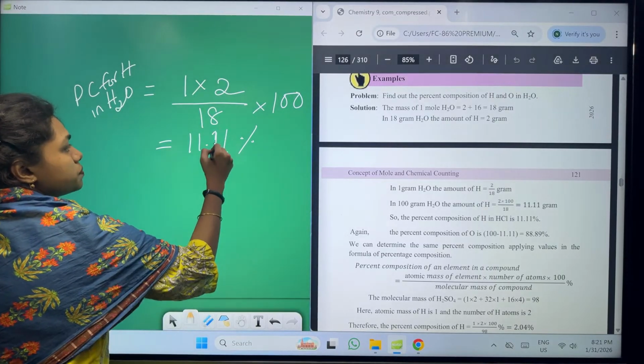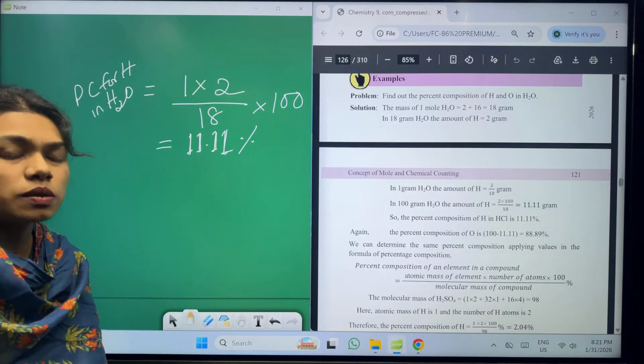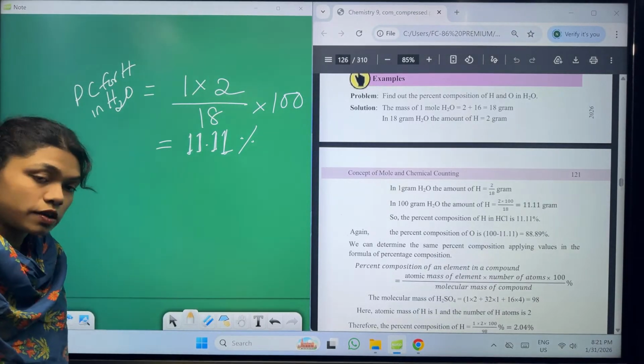Now, as I told you, the percentage compositions of each individual element in a compound should always add up to 100. So, I know that water is composed of hydrogen and oxygen.